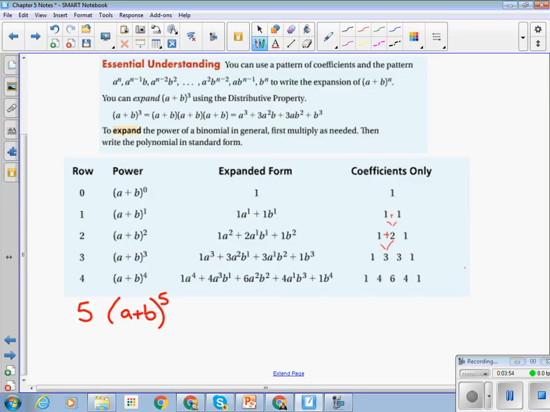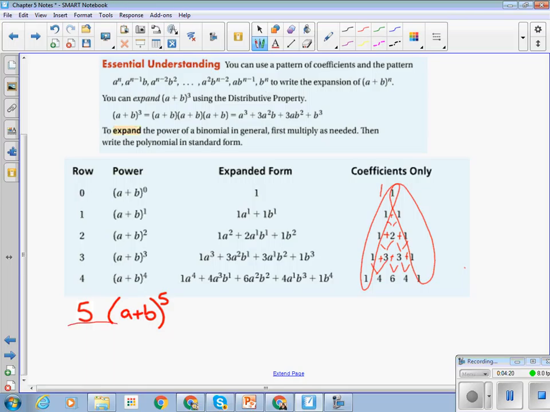You add them. How do I use 2 and 1 to get 3? You add them. All the outsides are 1s. And all the insides are the 2 above it added together. So let's use that to create our fifth row.